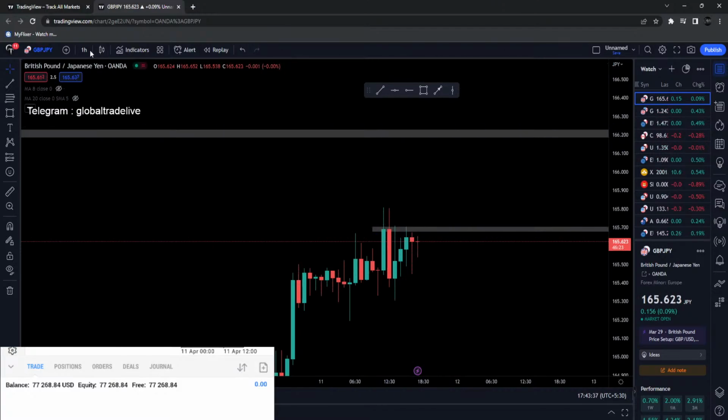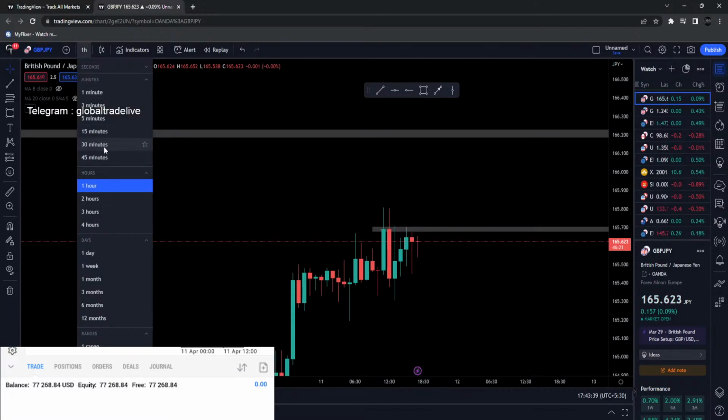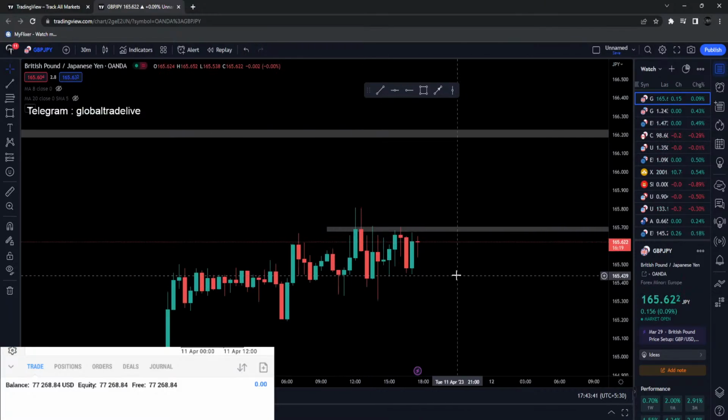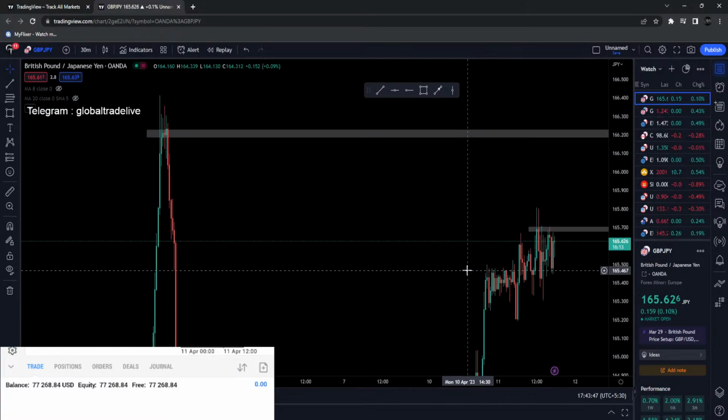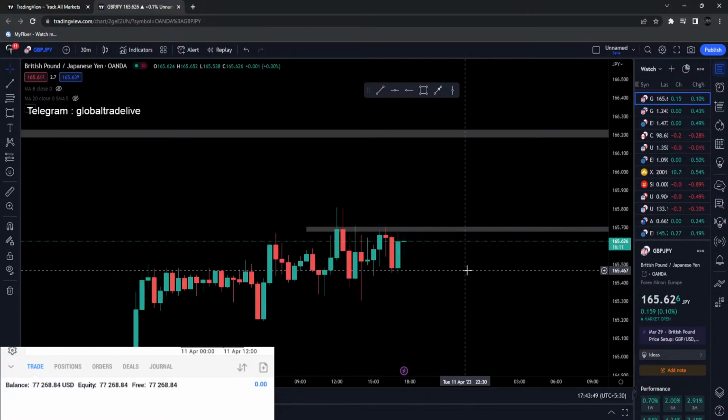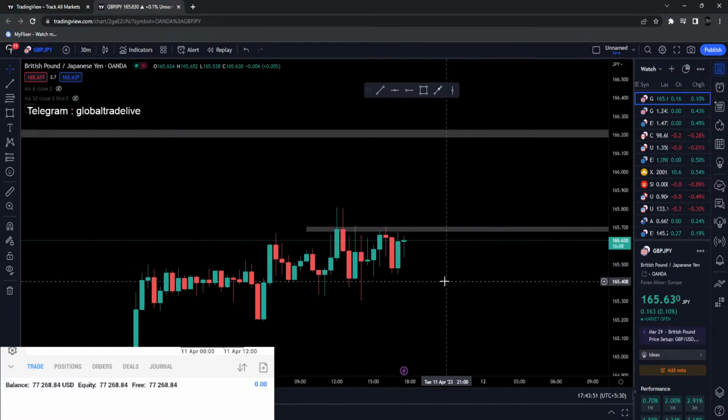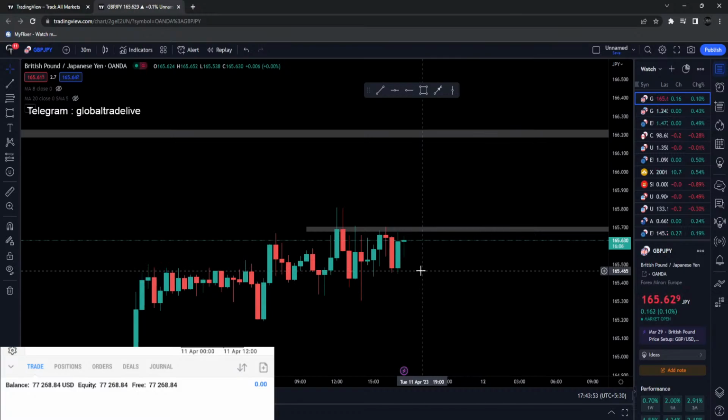If I talk about the 30-minute time frame after the 1 hour, the 30-minute looks nicer than the 1 hour, because we have the same clean range to the left in the 30-minute as well.